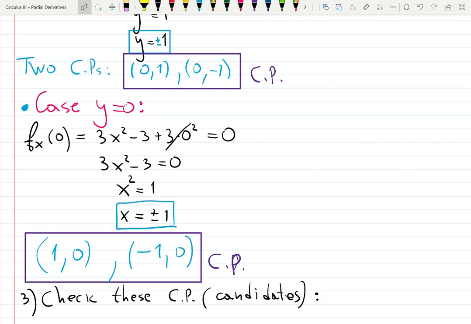Let's remember, if the sign of the determinant is negative, it's a saddle point right away. If the determinant is positive, you have to do the extra step. Find fxx at each point. If positive, happy face, minimum. If negative, sad face, maximum. 3 cases, and we have to go through them all.